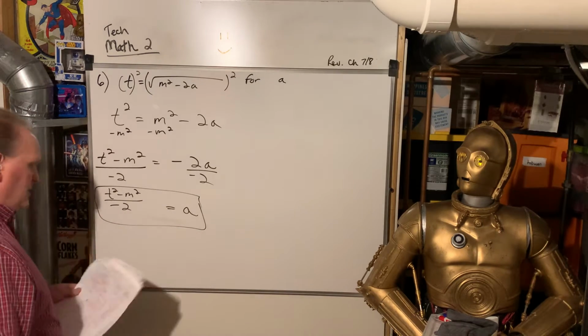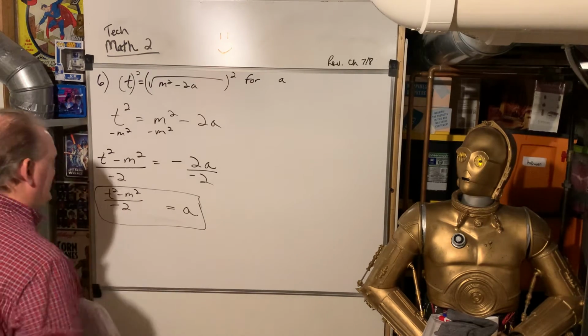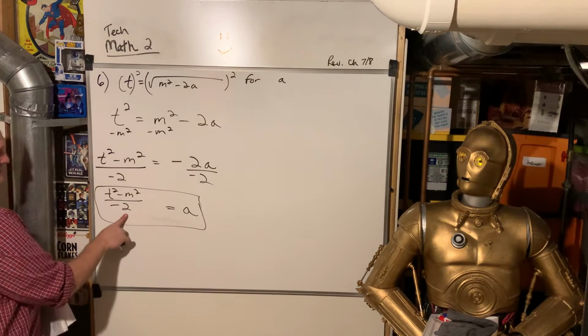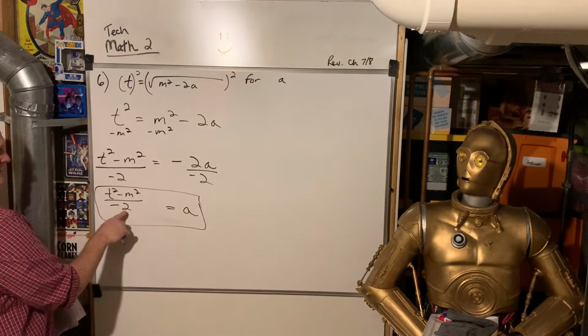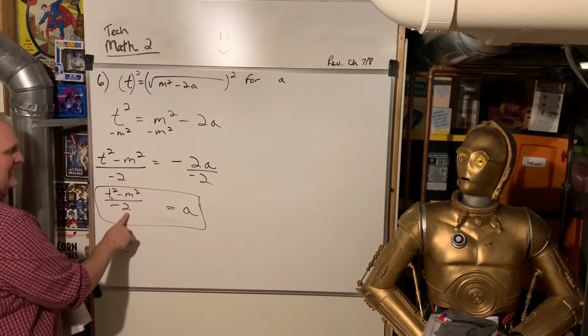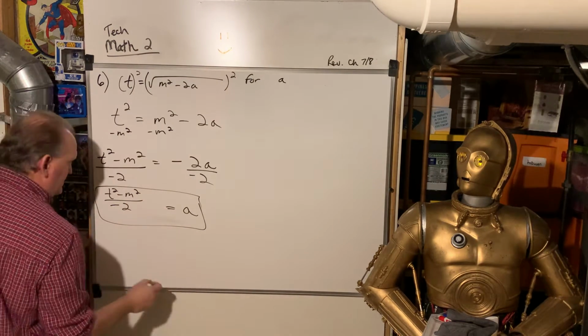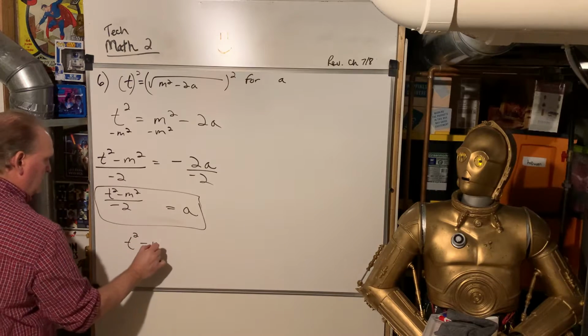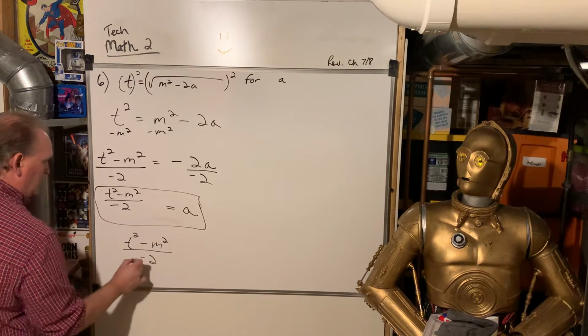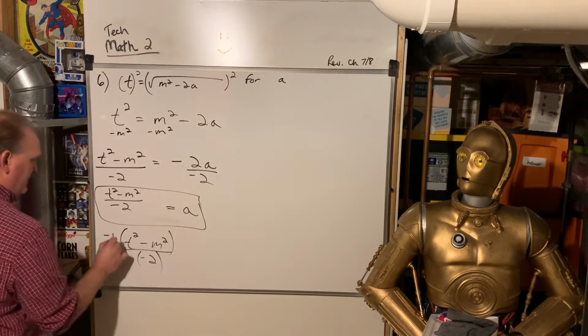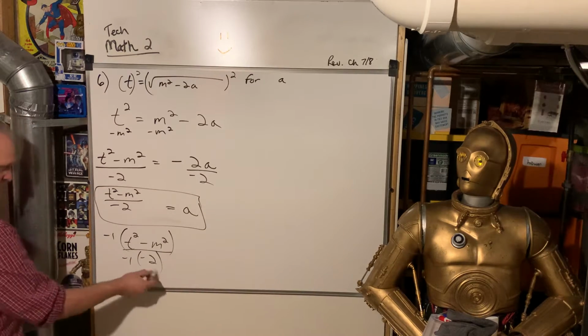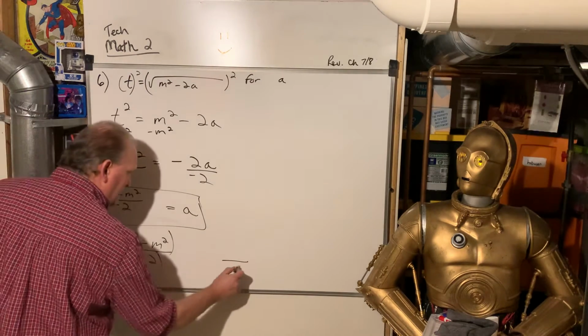If you look at the answer, I did not leave it like that. A lot of people consider it bad form to leave a negative number dividing into multiple things like that. So what you could do is multiply the top and the bottom by negative 1, and that'll take care of the 2, so it's now positive.